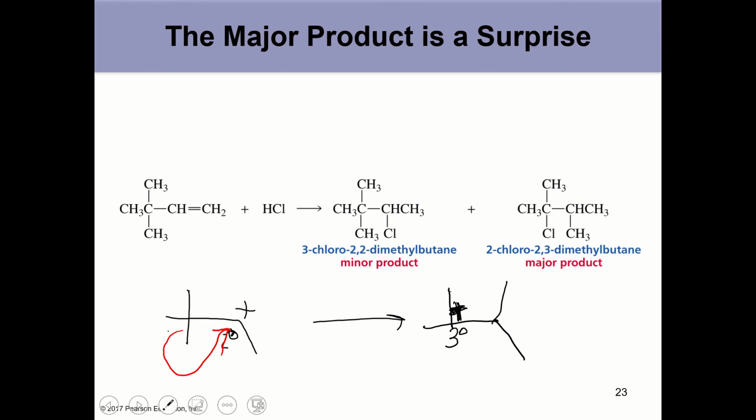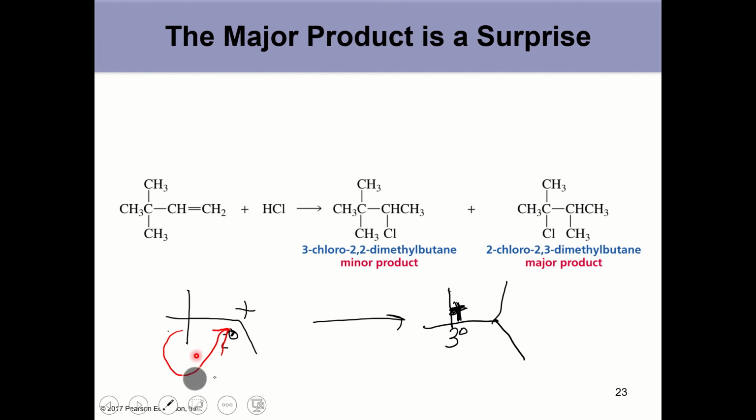Let's look at some more options. Here we have an alkene that has a more substituted carbon 1 bond away from the pi bond. If we draw the skeletal structure, it looks like this.